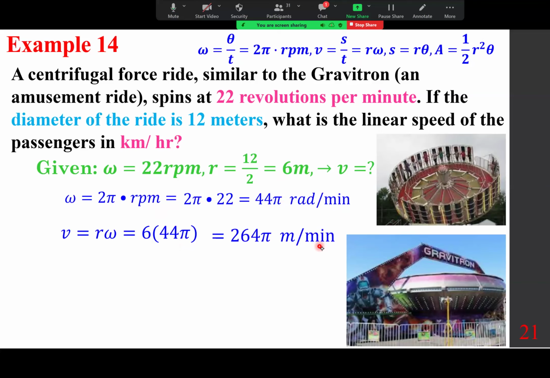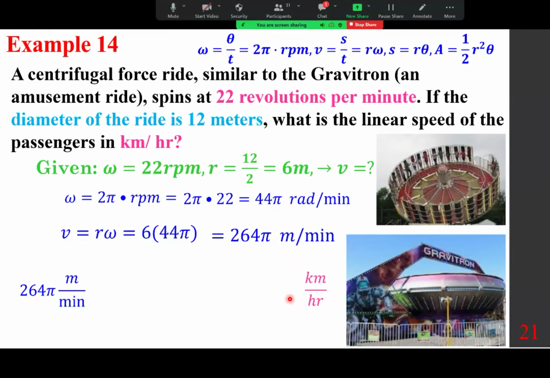We have the answer, but we want it using a different unit, kilometers per hour. So we are going to write, we want this one with this unit. Is everybody with me? So we have the answer.